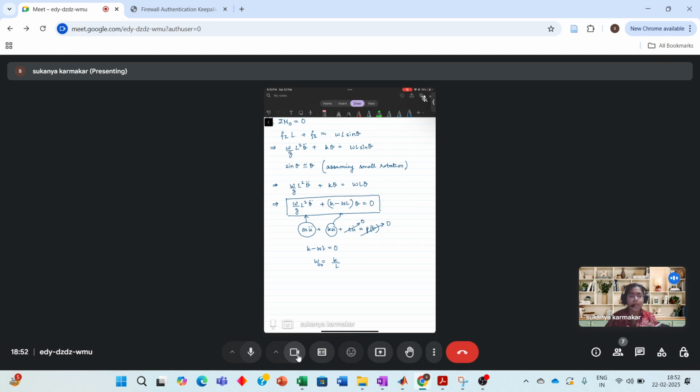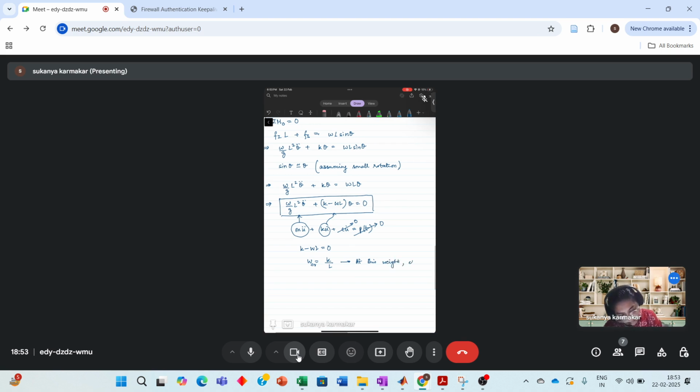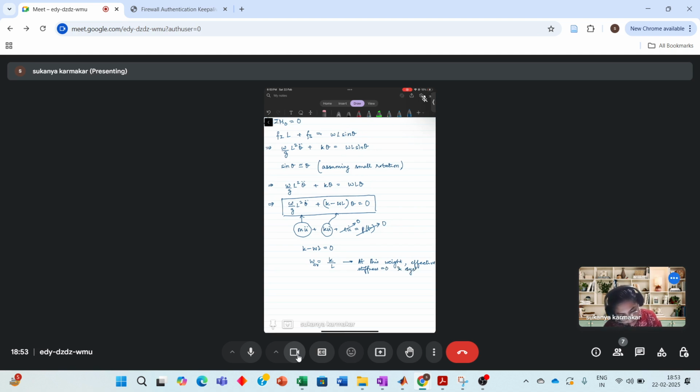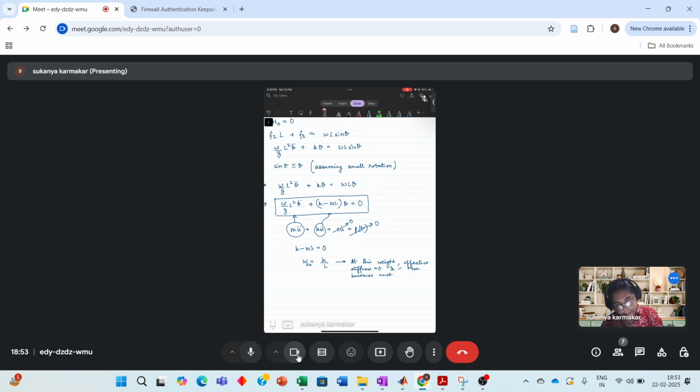Why is it becoming unstable? Because the stiffness is going to zero. So at this weight, effective stiffness is equal to zero, and the system becomes unstable under its own weight.